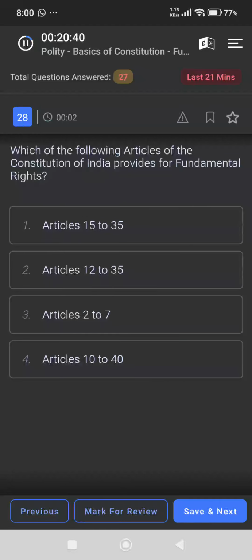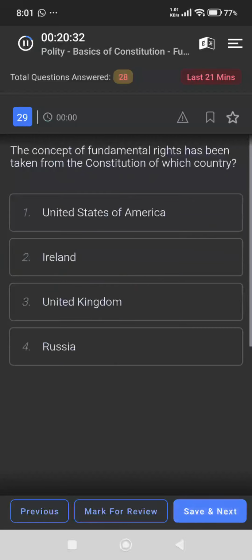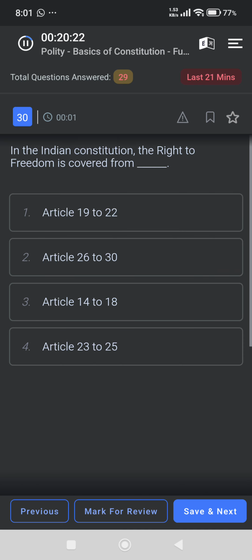Which of the following articles of the Constitution of India provides for fundamental rights? Articles 12 to 35. The concept of fundamental rights has been taken from the Constitution of which country? United States of America. In the Indian Constitution, the right to freedom is covered from Article 19 to 22.